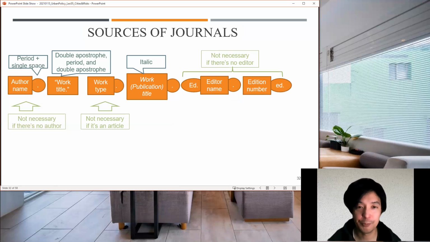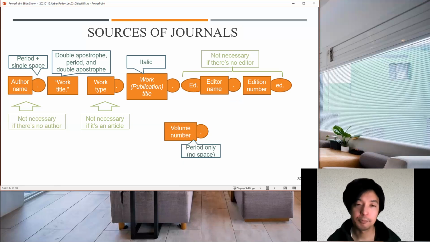Let's look at that. First, you need to show the volume number. Do you know what volume means? Volume is the number of journals.